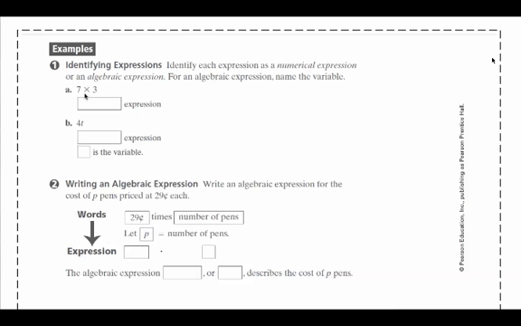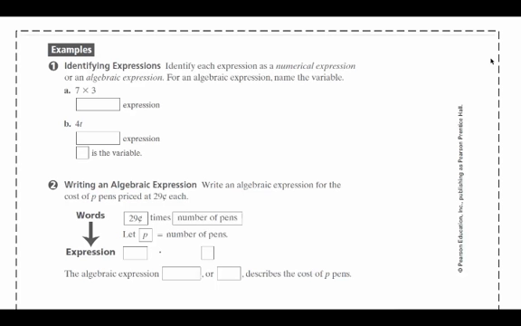So if we take a look at this first one, we have 7 times 3. That's a multiplication sign. It does not contain a variable. Since 1a, 7 times 3, does not contain a variable, it is a numerical expression. It's numerical.